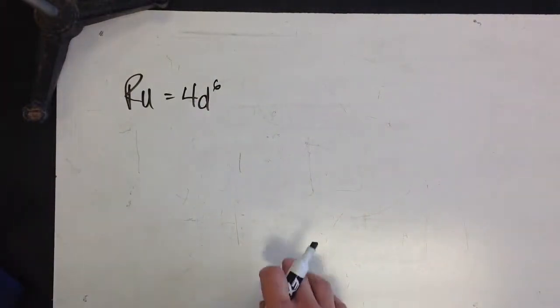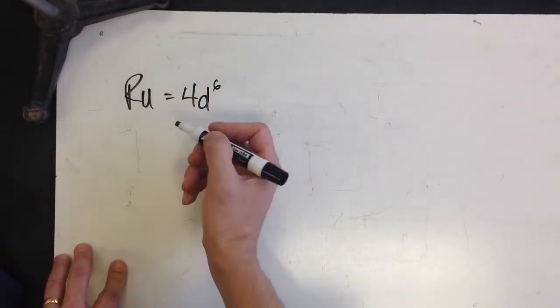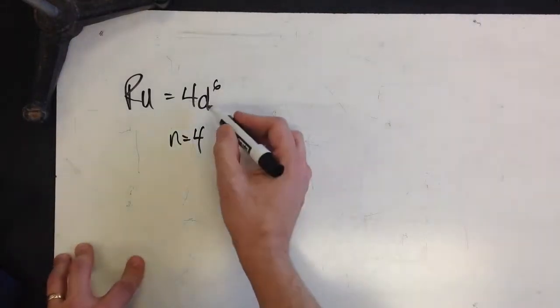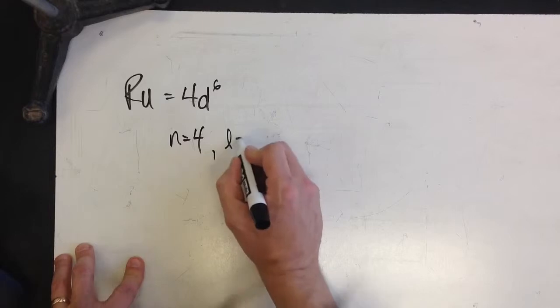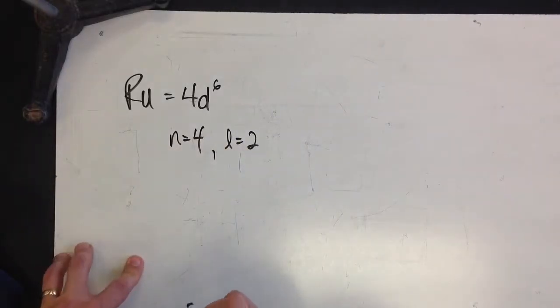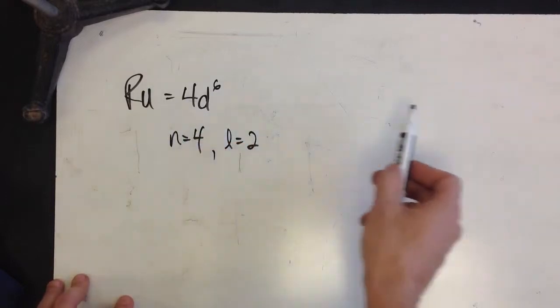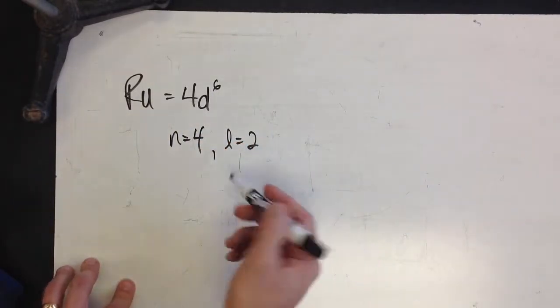Now, what does that correspond to in terms of the quantum numbers? Well, obviously, n equals 4. For the D, L equals 2. Now, it's the 6th electron, or the 6th element in that period, or in that block, and in that row.